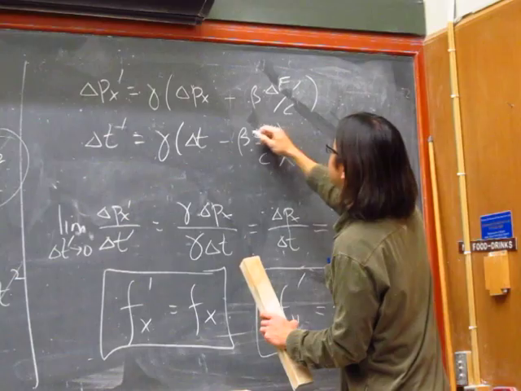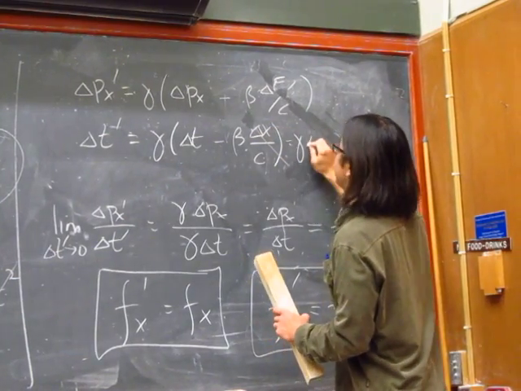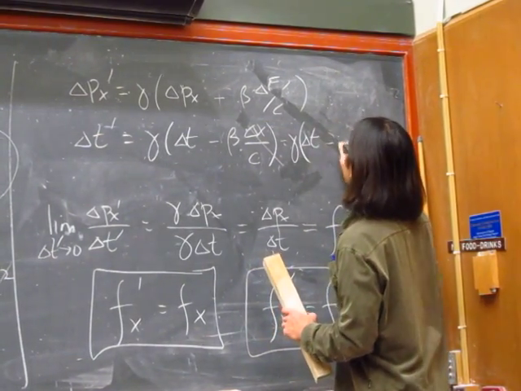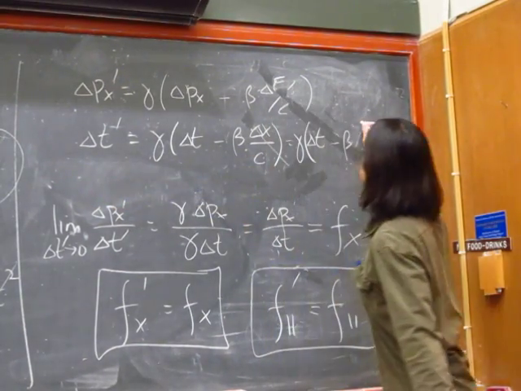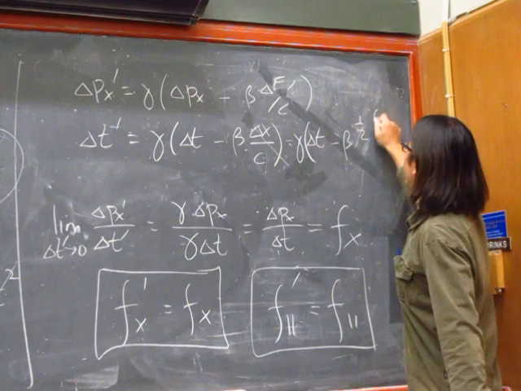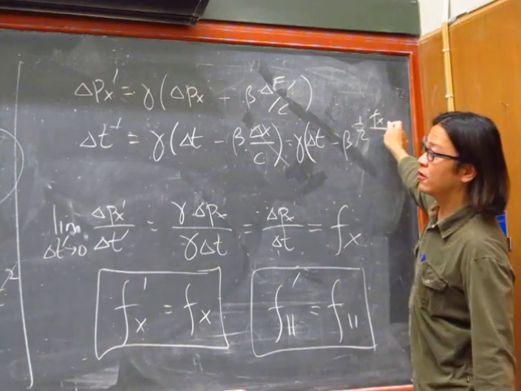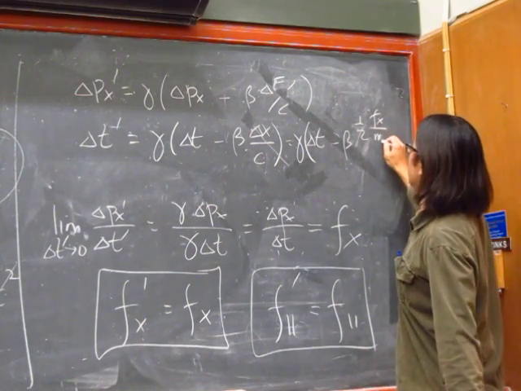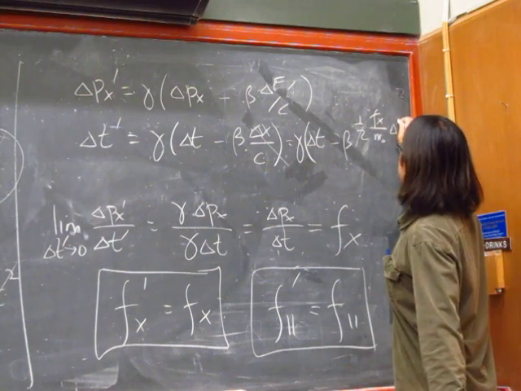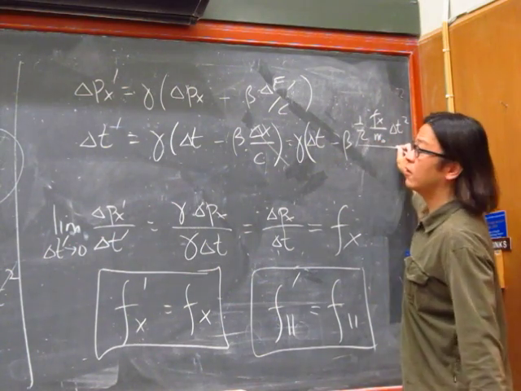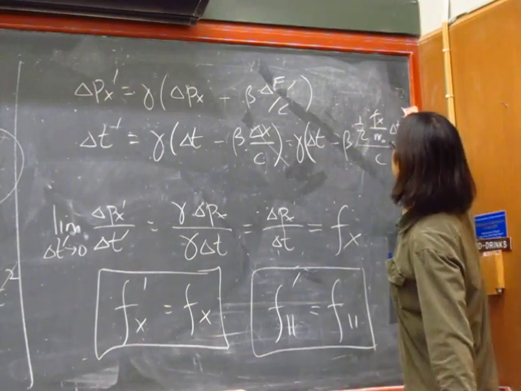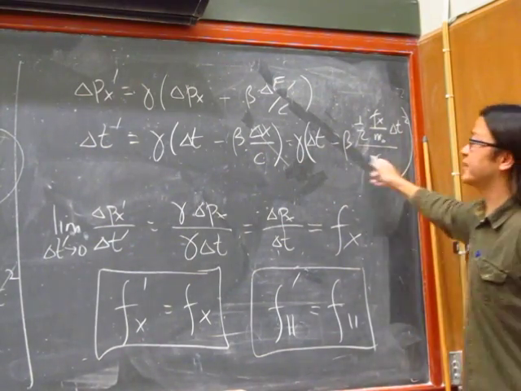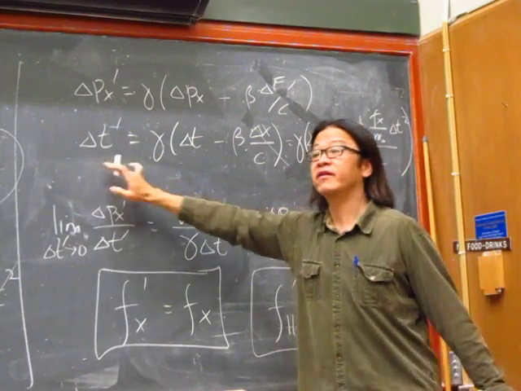Then this becomes gamma delta t minus beta, and if I look at the expression for delta x, which is just 1/2 fx over m naught, oh, you're saying it approaches 0 faster. Right, delta t squared over c. Okay, this is the expression for delta t prime, right?